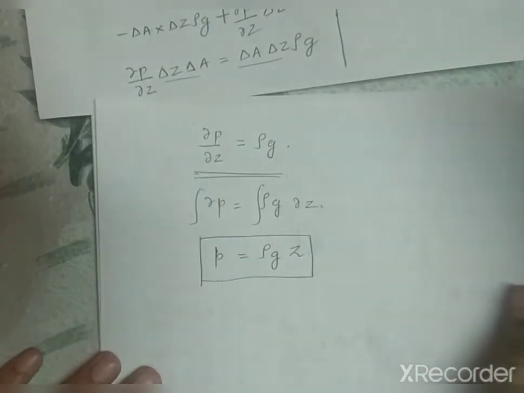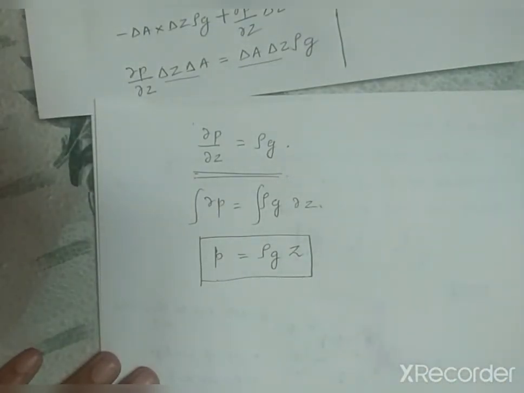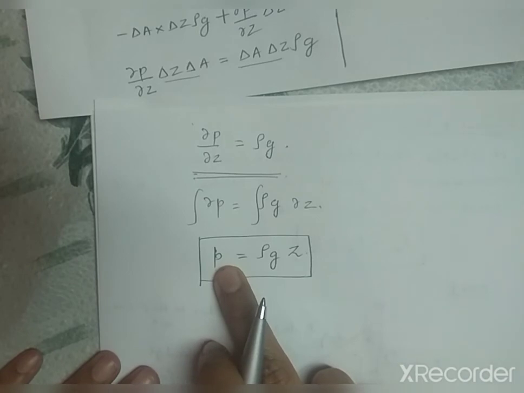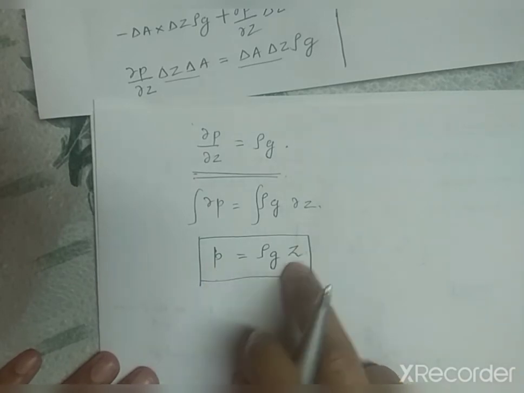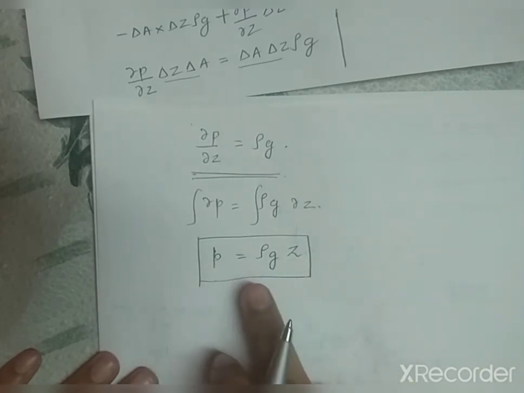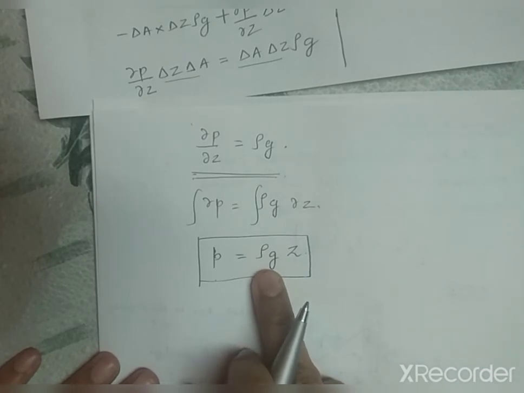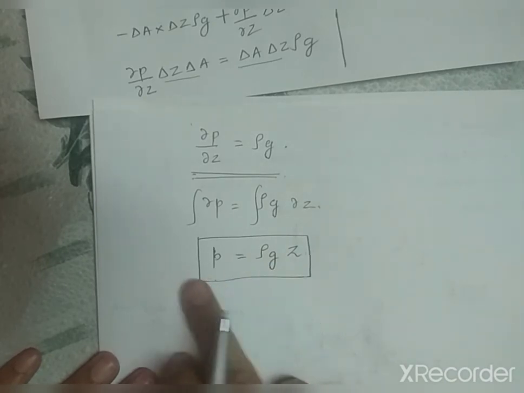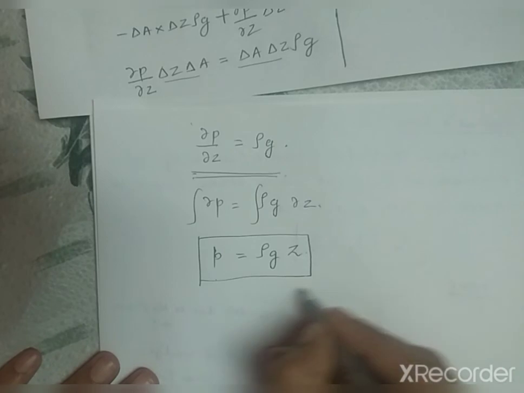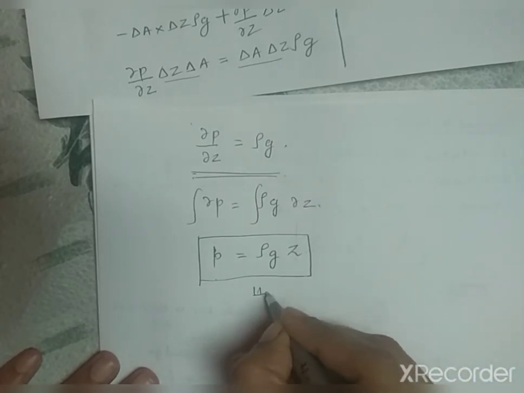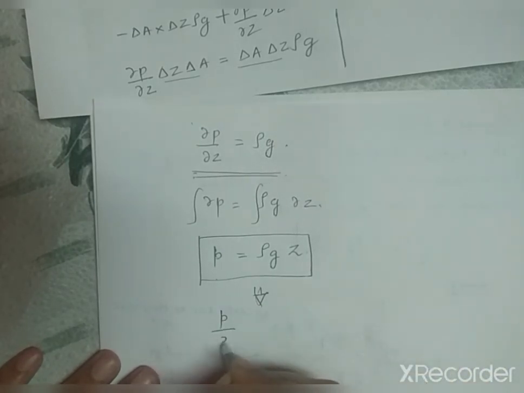So what was the statement? The rate of increase of pressure in the vertically downward direction must be equal to the specific weight of the fluid at that point. This can be rewritten as dp by dz equal to specific weight.